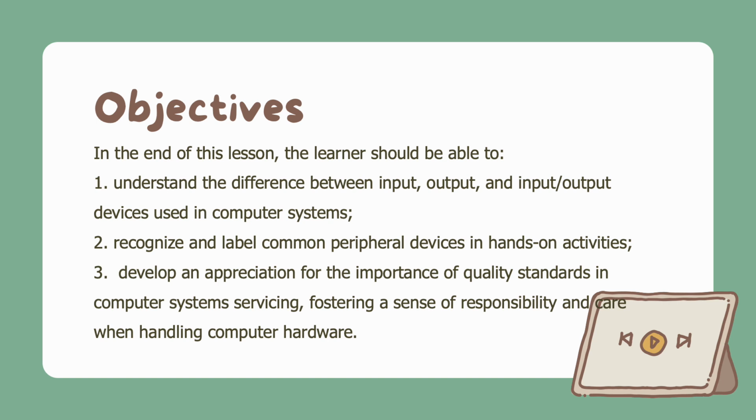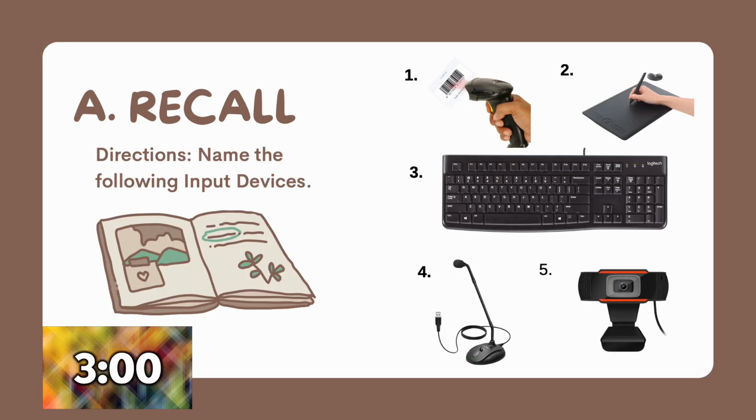So, before we discuss again, let's have a different activity before our discussion. Let's have a recall. Name the following input devices. So again, please prepare. Write your answer on one whole sheet of paper. By the end of the class, you will pass the answer sheets on my table.